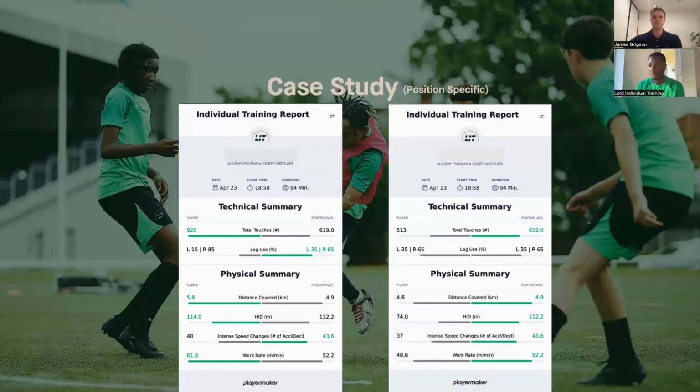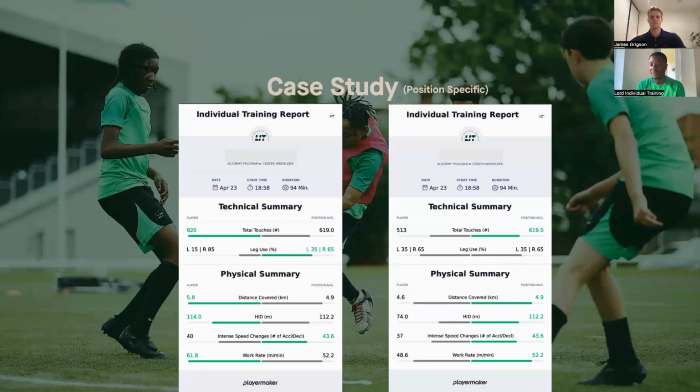100%. So we have a range of individuals that we work with between the 12 and 16 age bracket. One of the most important things is us having access to a physical program. Our players, as we know, are experiencing different rates of growth, and different boys have different levels of maturity.